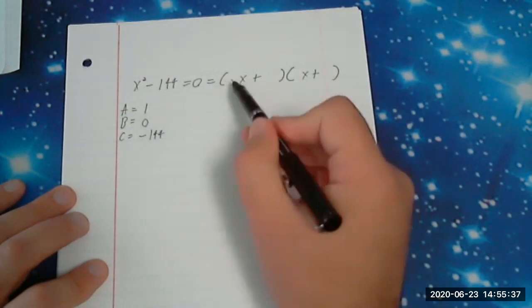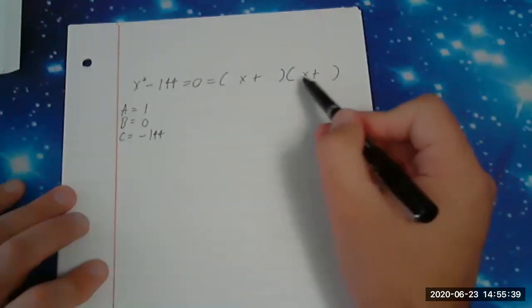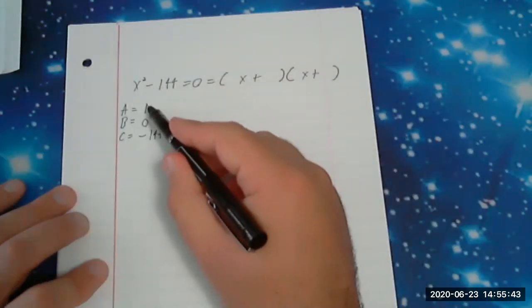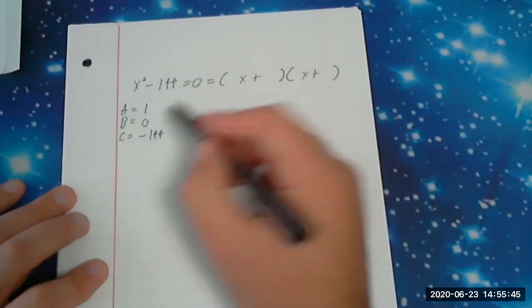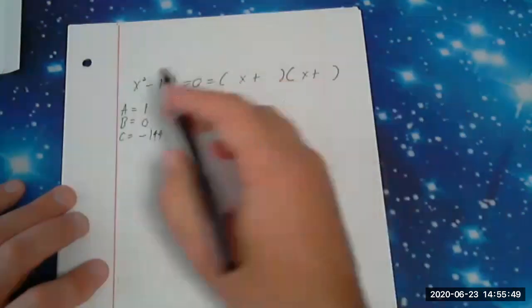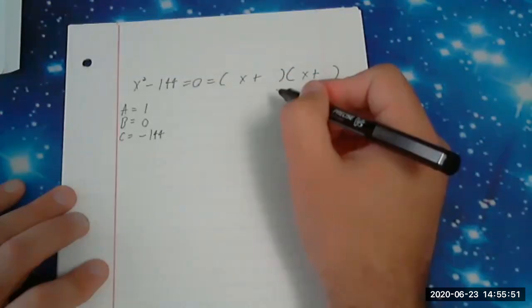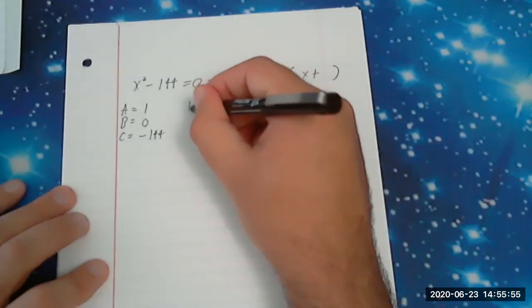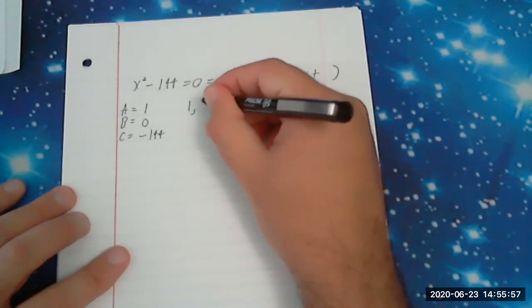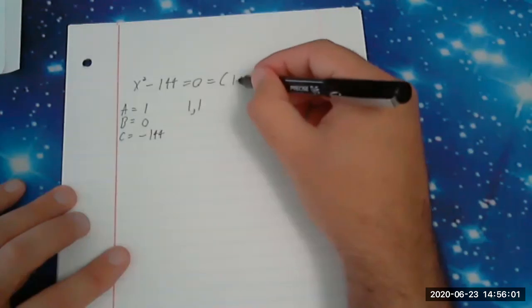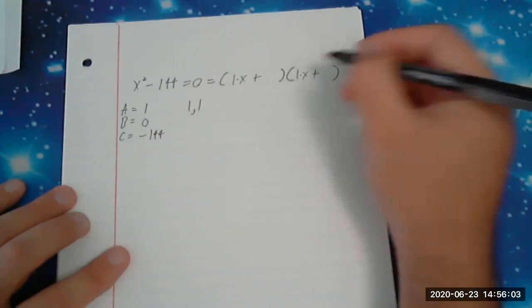So capital A is going to be the number that's here times the number that is here. Well, something times something else equals 1. For the most part, in these kinds of equations, that means the only factors of 1 are 1 and 1. So we can kind of put that 1 there.